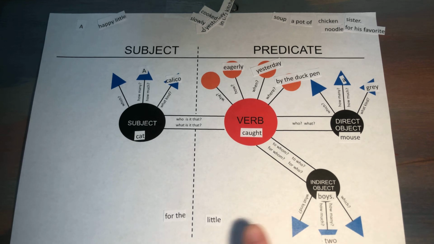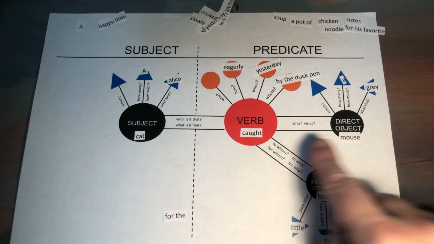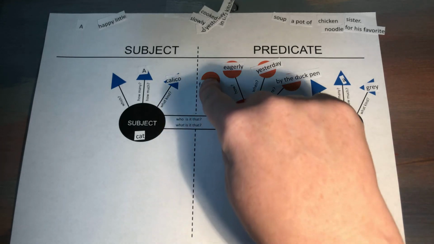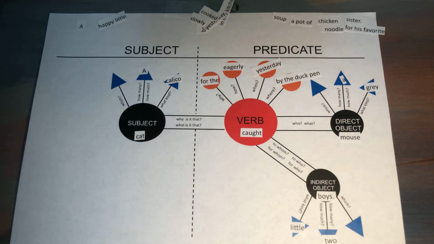Which or what kind? Let's go with what kind. They were little boys. Why did the cat catch the mouse for the boys? She caught it for the boys. That's why she caught it, to give it as a gift to the boys.